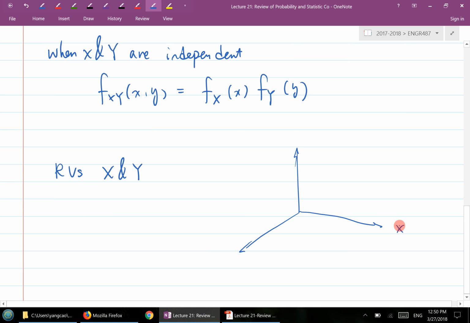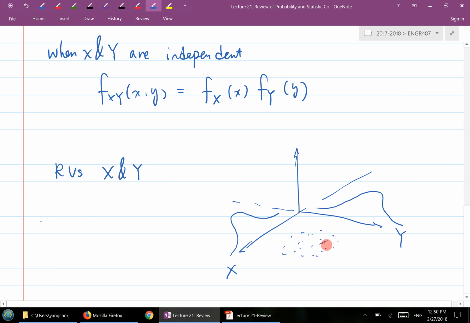Let's say this is x here, and this is y here. So y could be a distribution, maybe a Gaussian distribution, and x could be another kind of Gaussian distribution here. Whether these 2 random variables have a certain relationship is purely based on the observation, the plot here. So if you plot these 2 together, you probably will see some kind of plot like this. Lots of dots here.